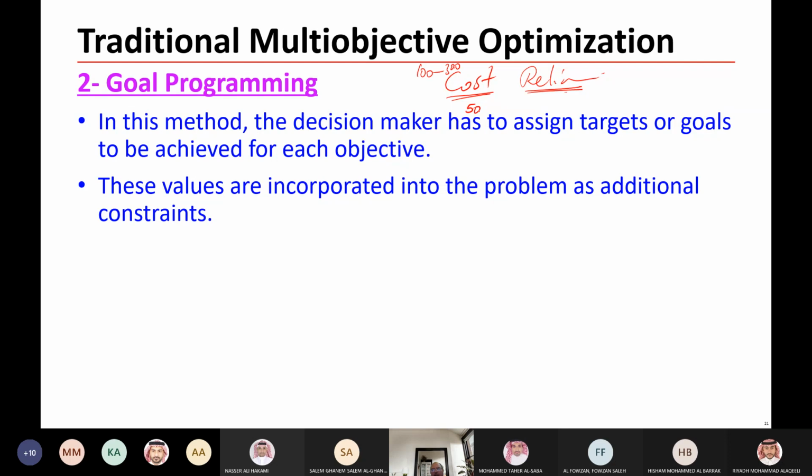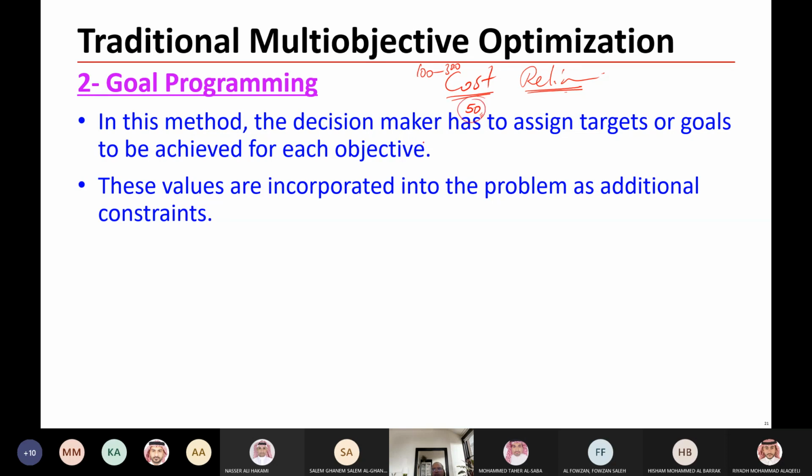The target or the goal here should be outside the feasible region. And this is the problem with this method, by the way. You have to have prior knowledge about your search space in order to set the target.